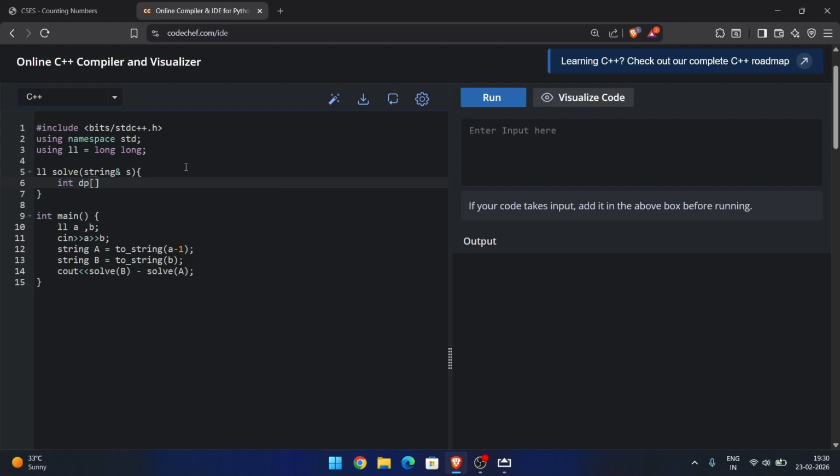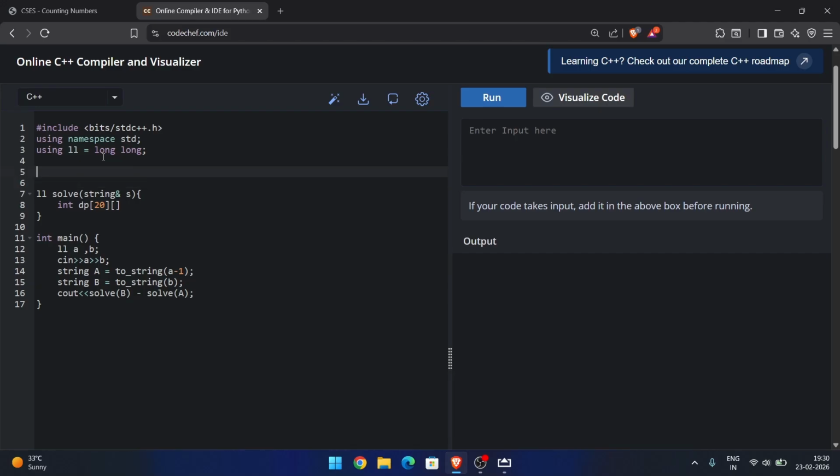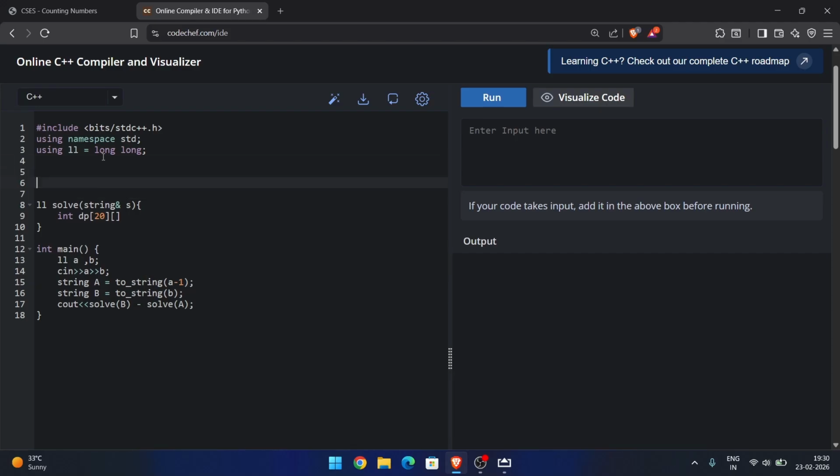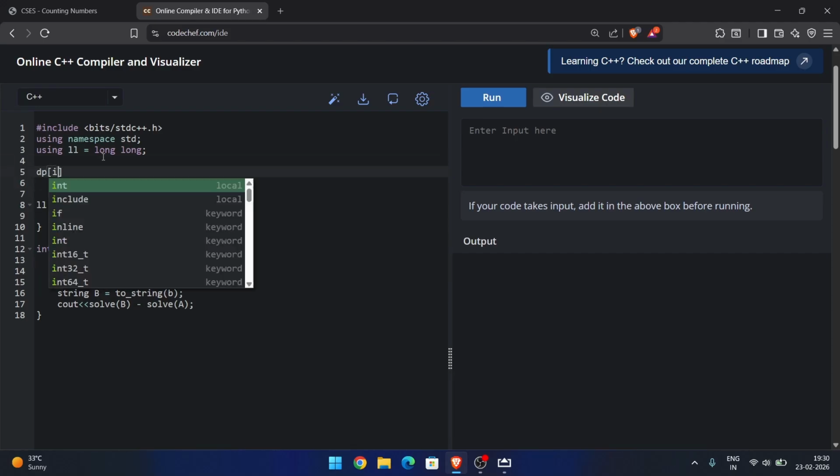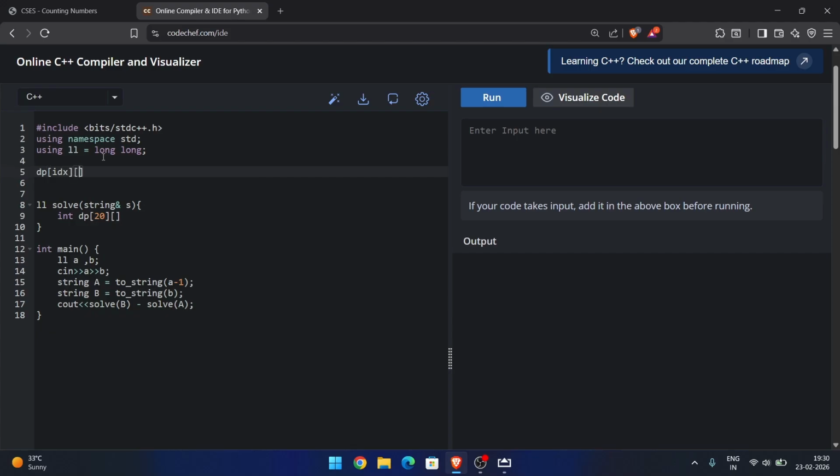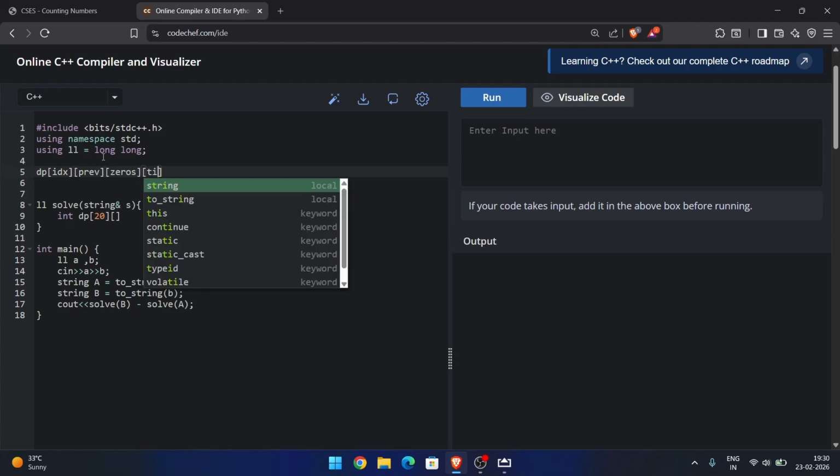Okay, so what are the max states of this DP? n can go till 20. What was our, let me write down the states here. DP of index, the next one would be previous, zeros and tight.